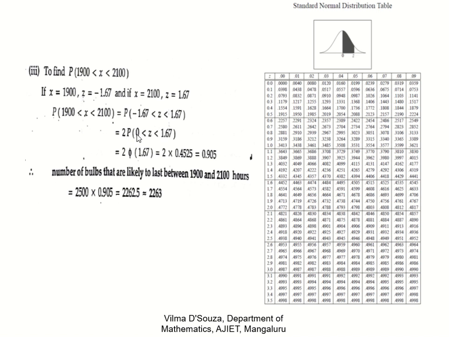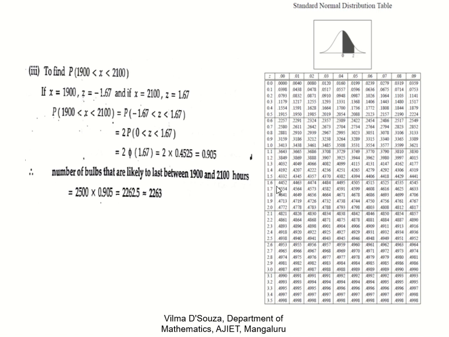That is equal to 2 into phi of 1.67. What is phi of 1.67?